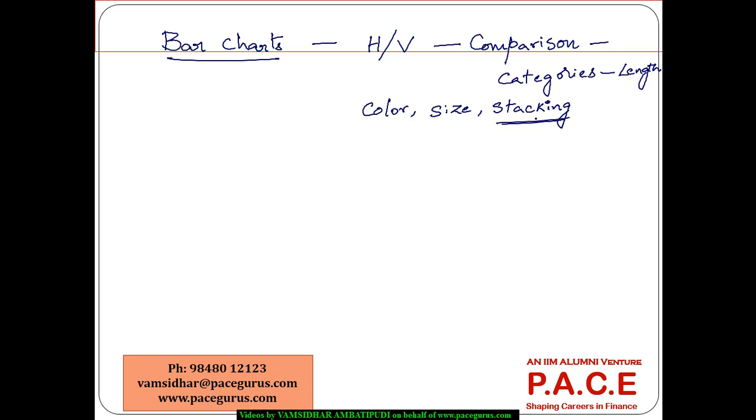Stacking is nothing but not one beside the other, but one above the other, so that I can look at part to whole kind of a ratio. And the more I understand the internal aspects of this chart, the better I would be able to communicate things to my audience.